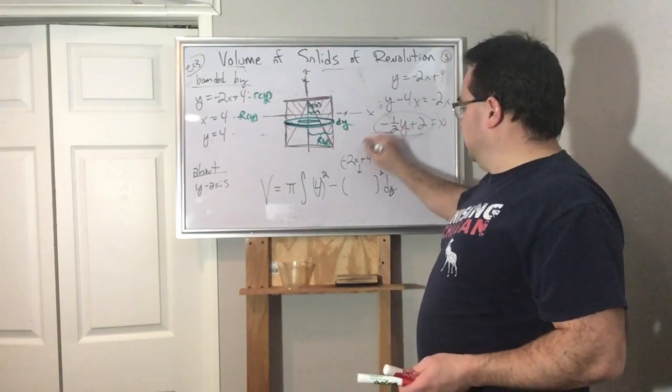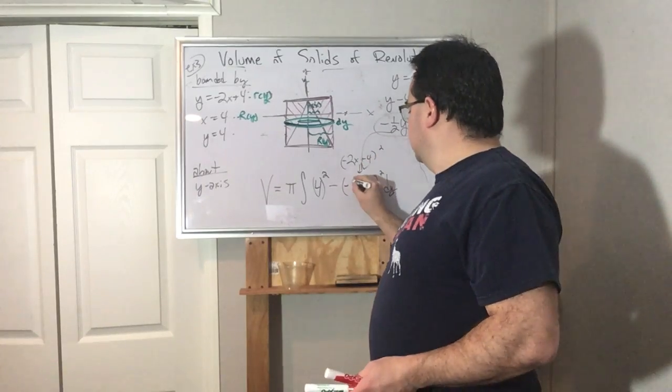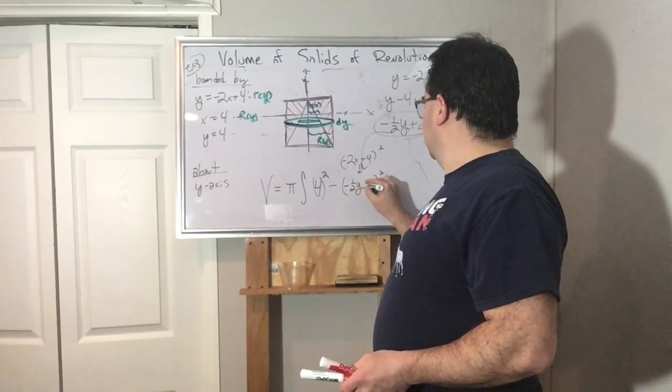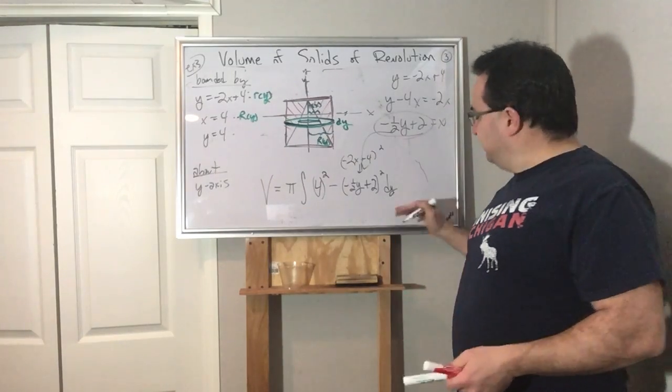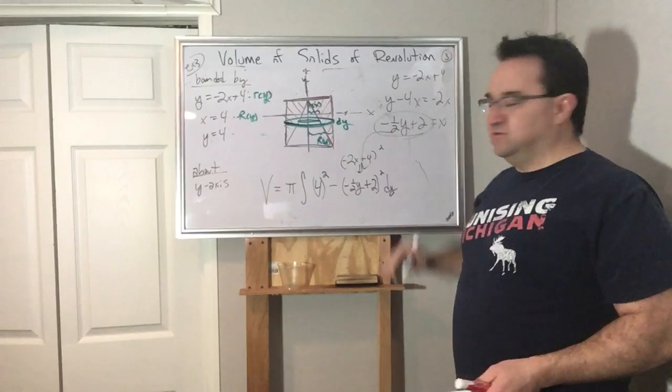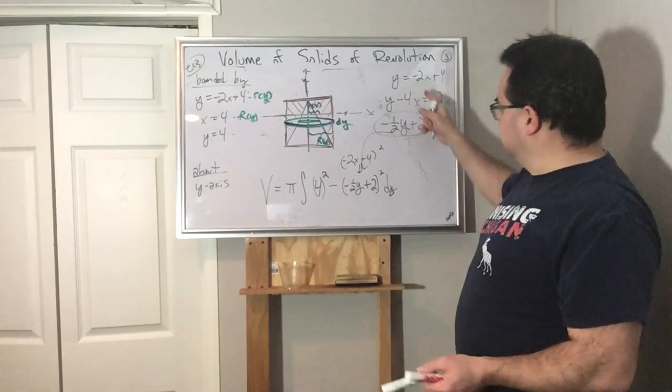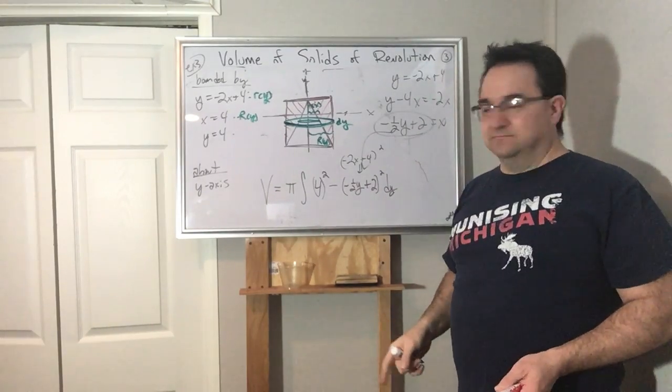And that is what I have to put in that slot. 1/2 y plus 2. I can't just put it the way it is because I have to put y stuff in to a dy integral. But it's still based on that equation.